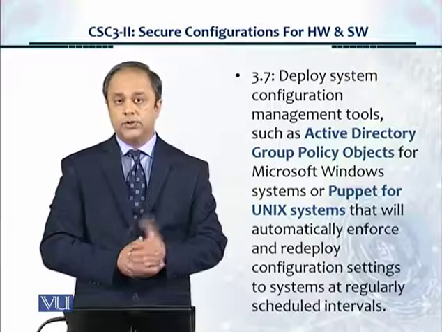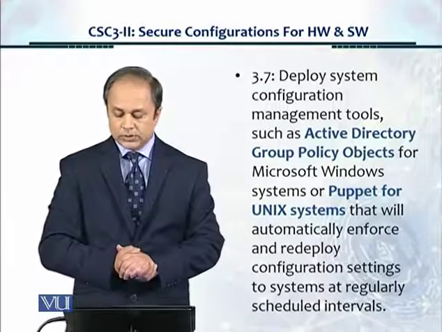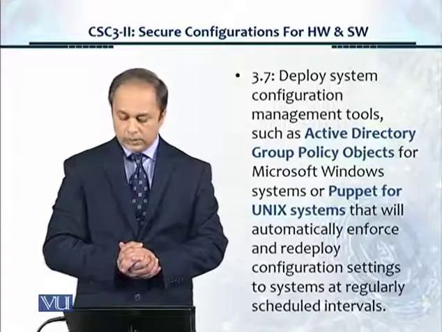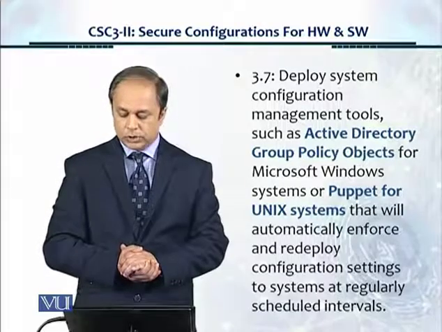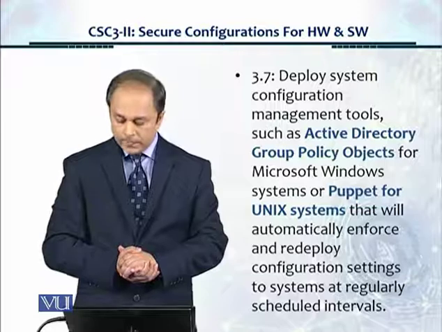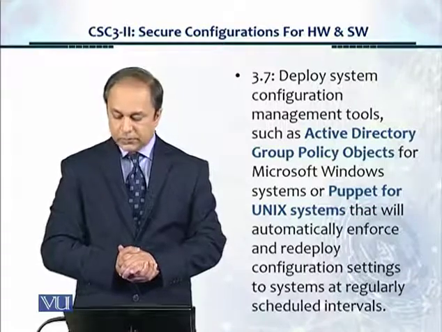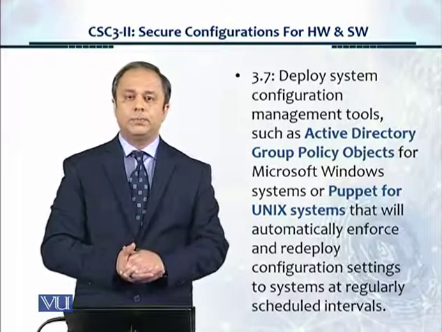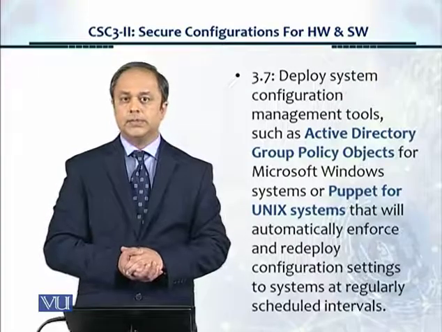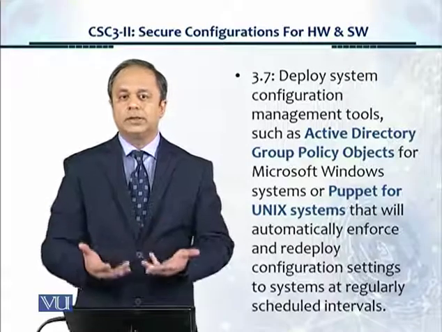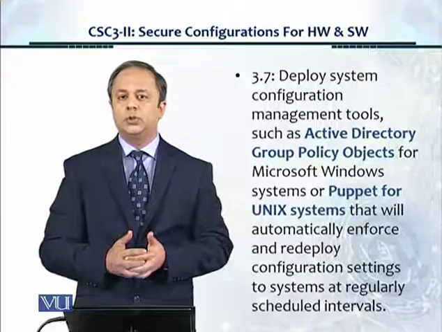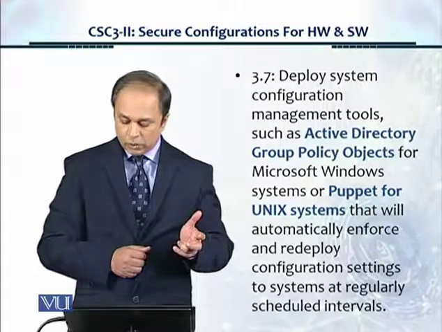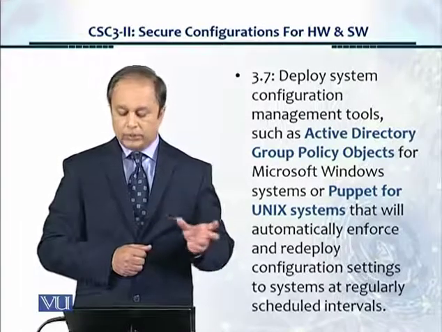Deploy system configuration management tools, this is Control 3.7, such as Active Directory group policy objects for Microsoft Windows, or Puppet for Unix systems. Now, Puppet, if you go to puppet.com, is an equivalent type of configuration management tool like we have for Active Directory under group policy objects.